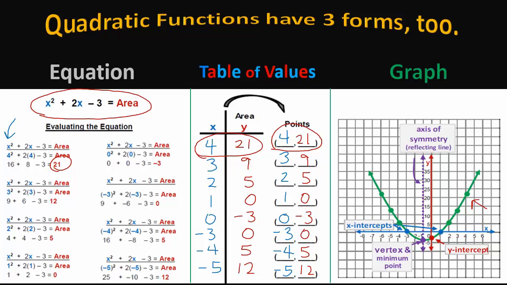Also notice that some of the numbers that we put in for x do not give us reasonable answers for area, such as this one with an area of 0, this one with an area of negative 3, this one again with an area of 0, and this also would not be a reasonable amount to put in a negative 4 for our x or a negative 5.